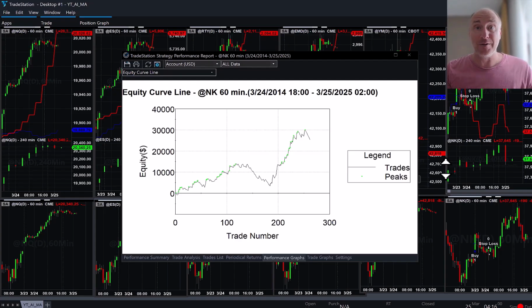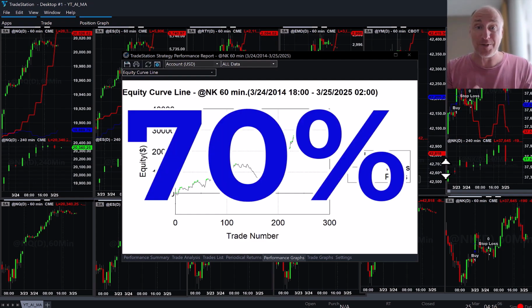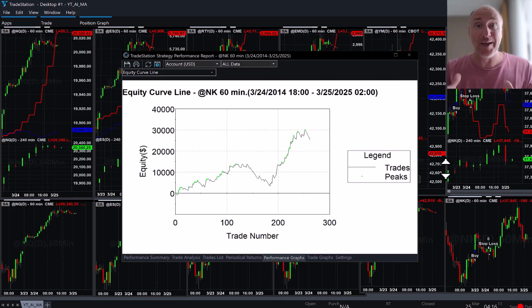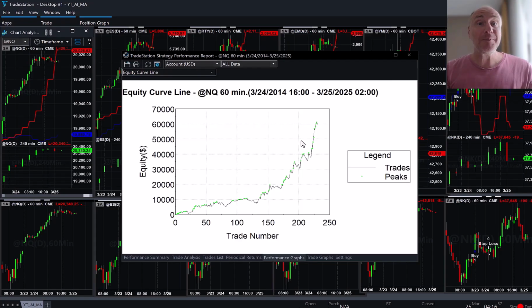Is this a magical filter? Definitely not. But to give it some rating, I would give it a full 70%. I think there's a lot of great stuff about the moving average slope. I think it's a simple condition which can be used quite universally and which definitely is worth adding to your database of functional filters.